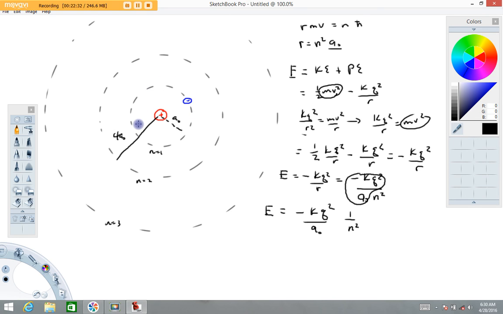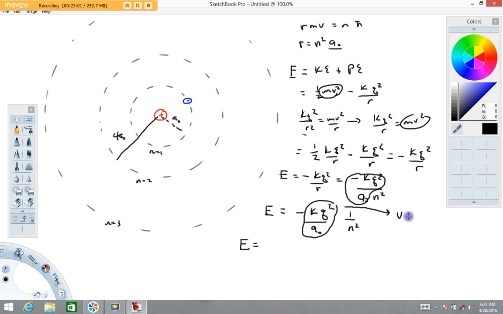What we have now is an equation for the allowed energies in each orbit. The video is getting a bit on the long side, so I'm not going to show the calculation here. I'll just write out the results. If you take all the numbers, 9 times 10 to the 9th, 1.6 times 10 to the minus 19th, and the Bohr radius, 5.29 times 10 to the minus 10th, you get a very, very small value, something times 10 to the minus 18th.